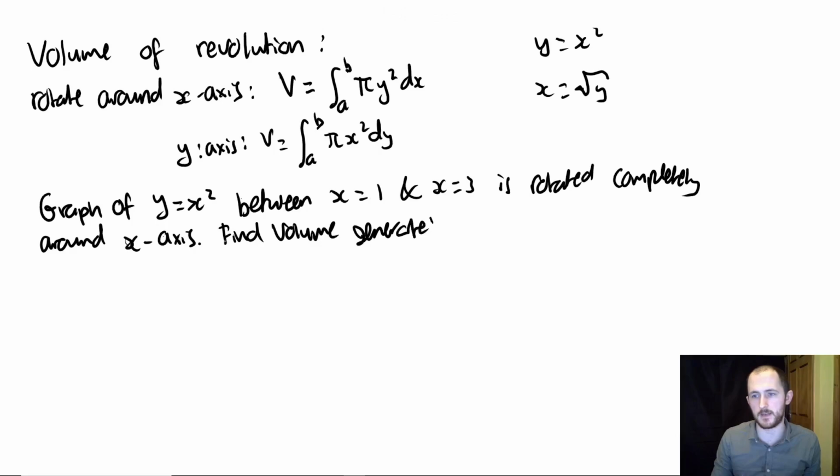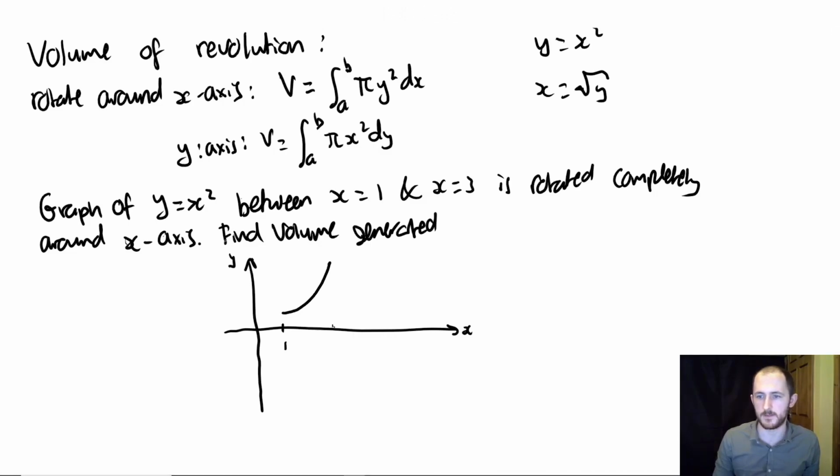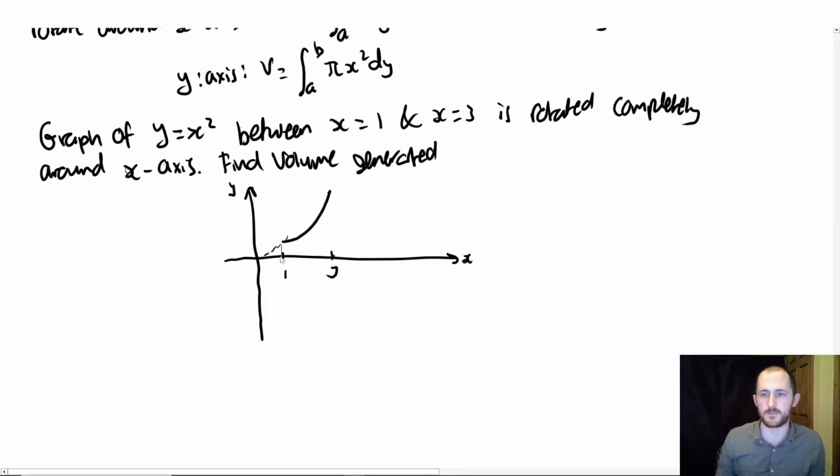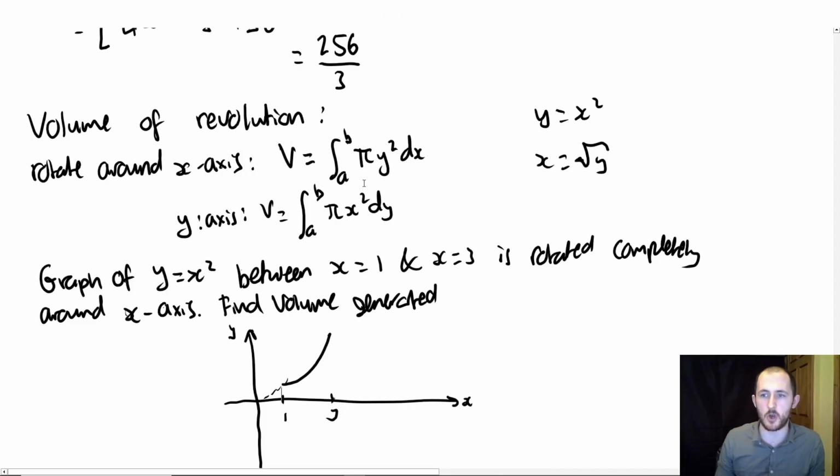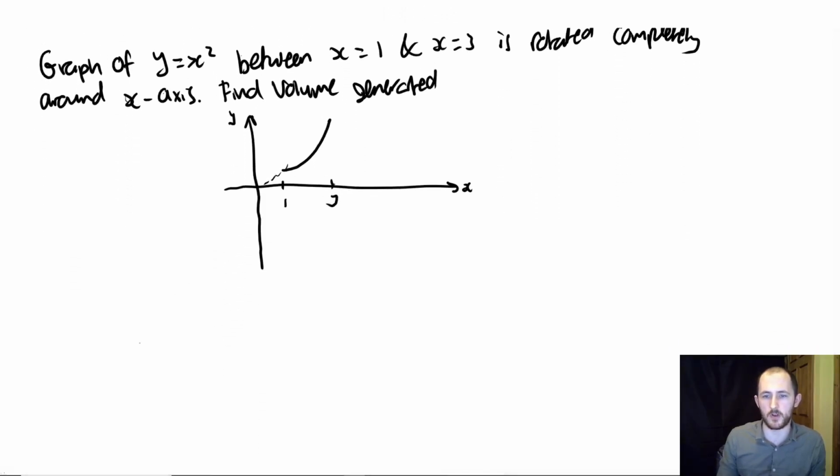In case you're interested, if you were to draw the graph just from x equals 1 to x equals 3, it would look something like this. So it's a big U shape, normally, and it would go through the origin, but again, it's only from those two values. So all we need to do is, it's rotated by the x-axis, so we're going to use this top equation here. So volume equals the integral. What are our limits?